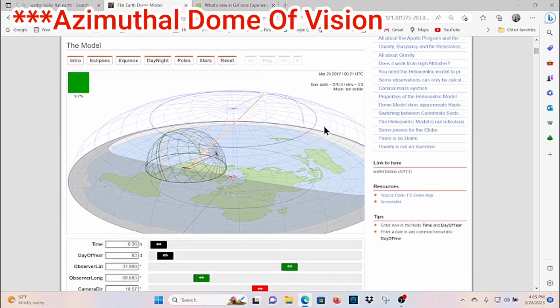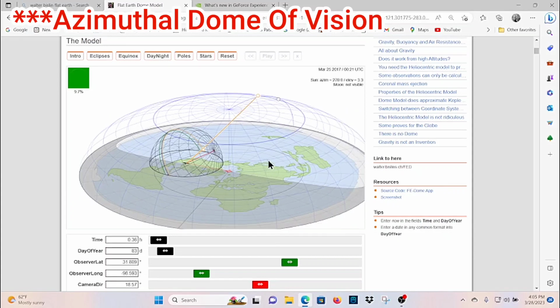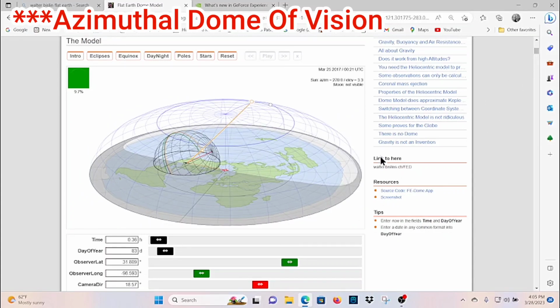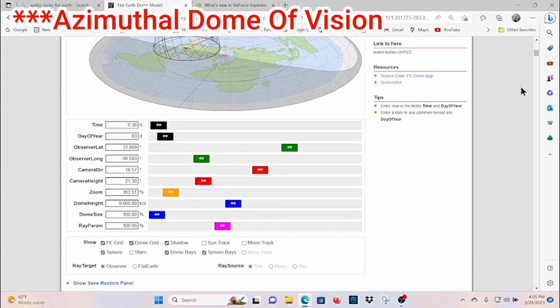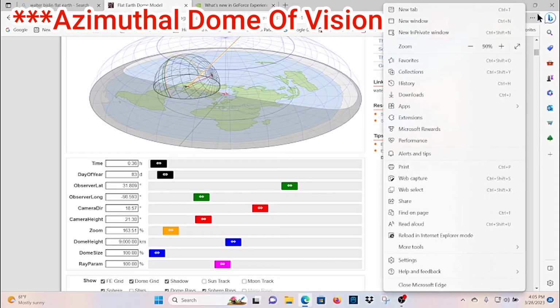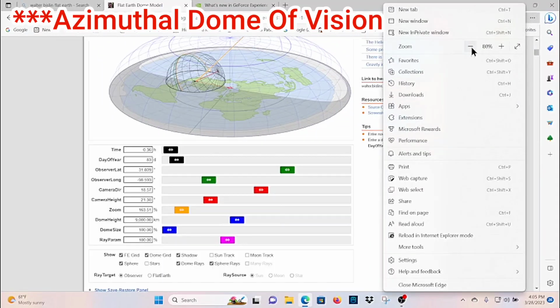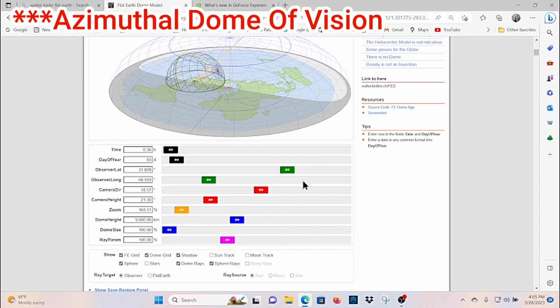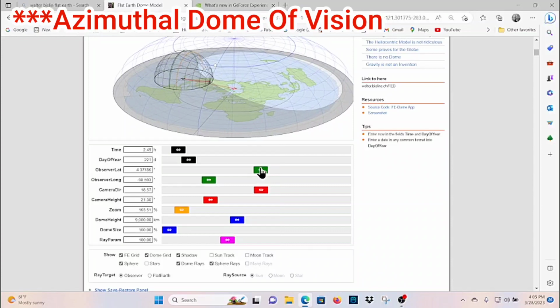So let's go down here and let's look at the actual model. There's a bunch of sliders here. Let me go down. You can see the sliders. Let me zoom out a little bit. Yeah, there we go. All right. So if you slide this one, that moves the time of day. This one, time of year, and this one moves it north and south.